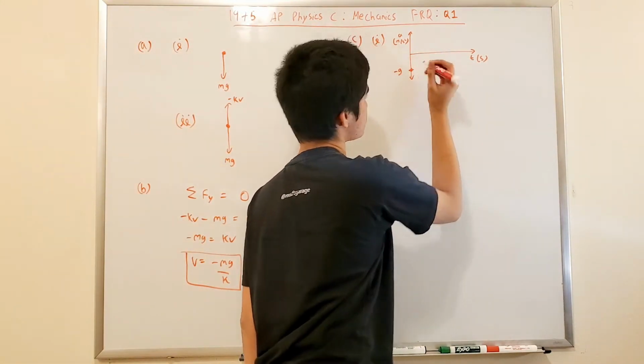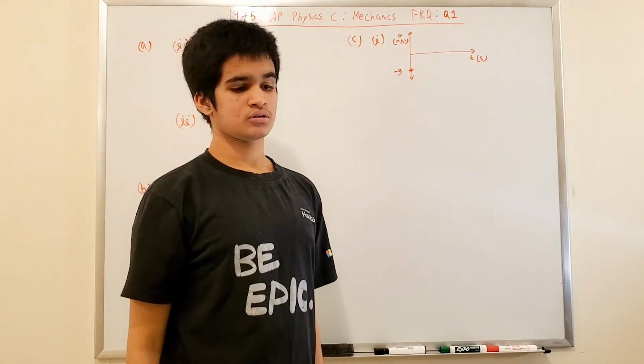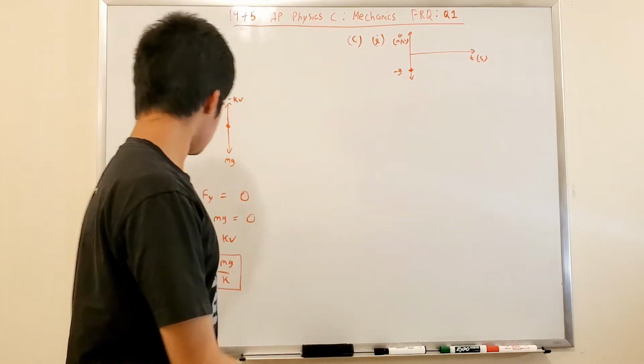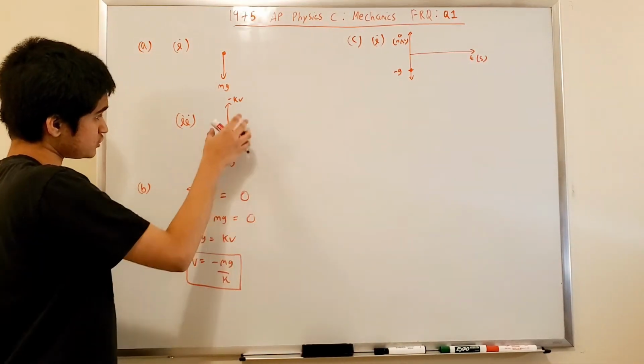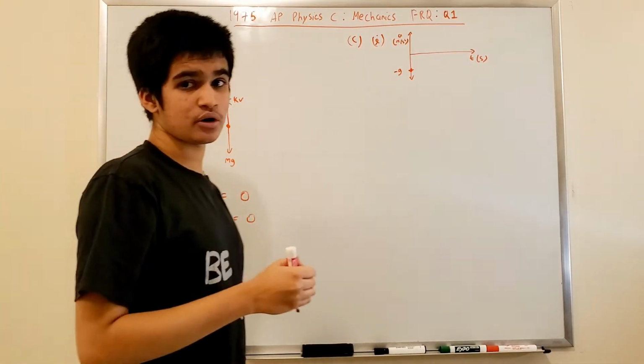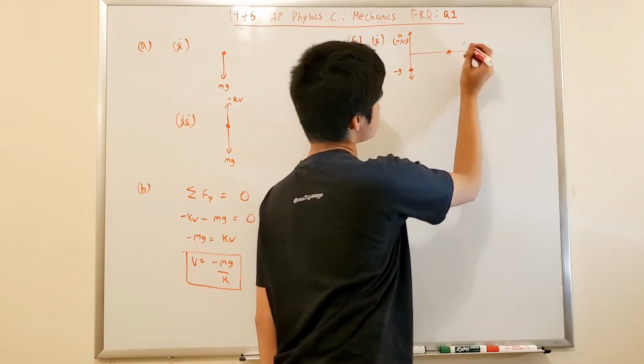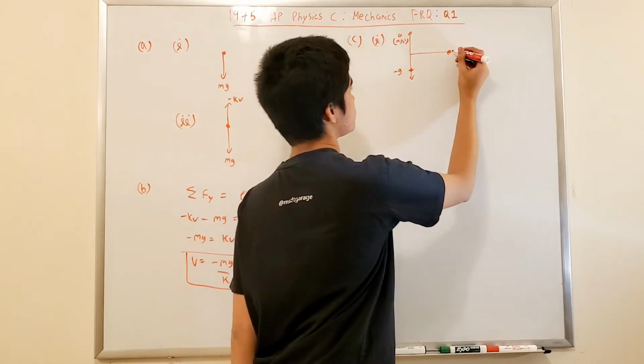So we can mark a point there. We know towards the end of our journey, our acceleration is going to become very, very close to 0. So we can mark another point right here.